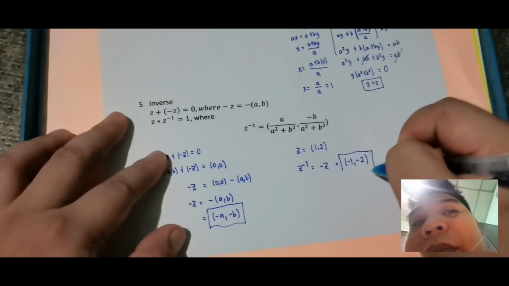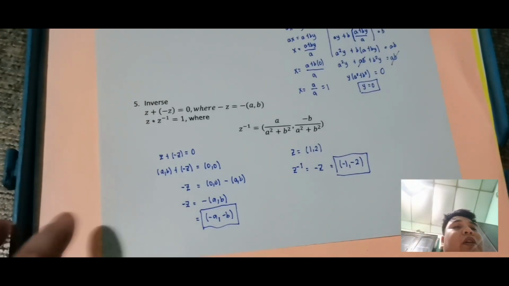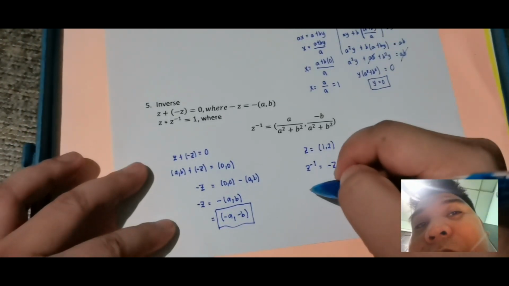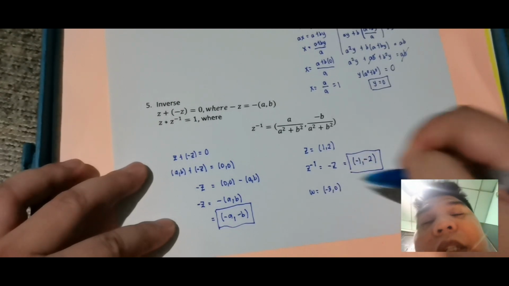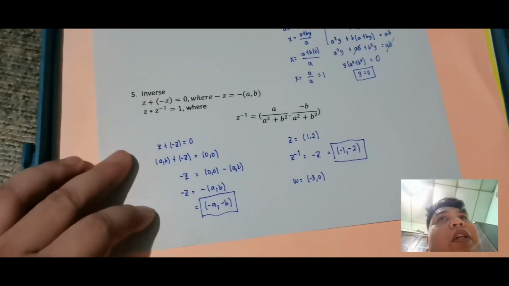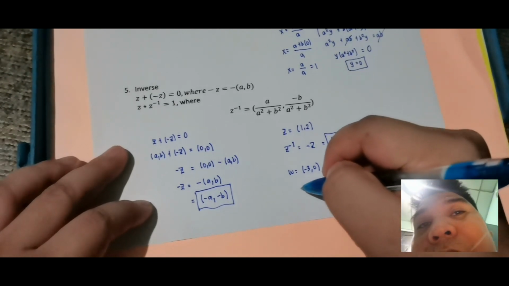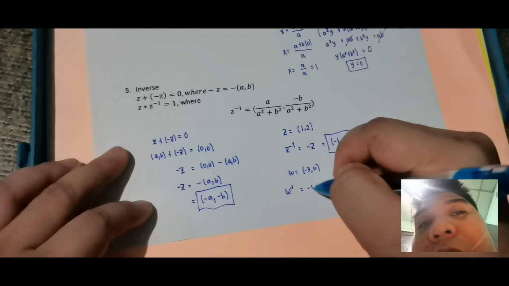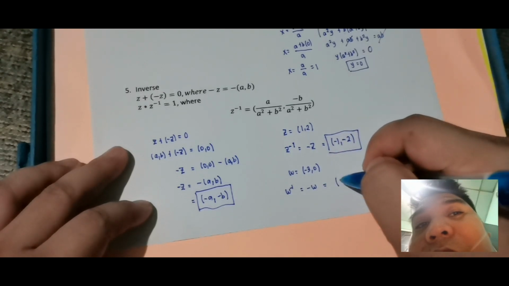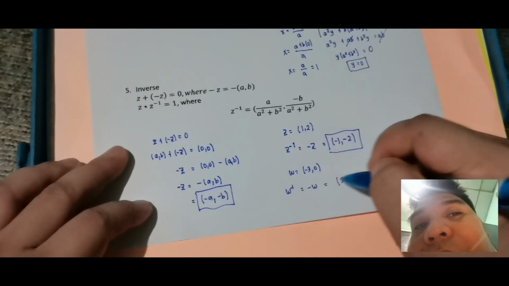Ganun lang kasimple. Ayun kasi yung sinasabi nung formula. So, another example, si W is (negative 3, 0). So, pag pinahanap ko yung additive inverse niya, or yung negative W niya, is equal sa (positive 3, 0).